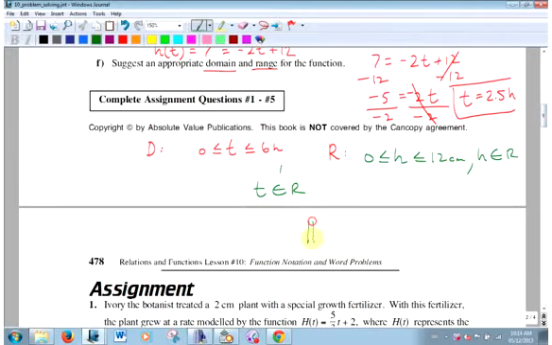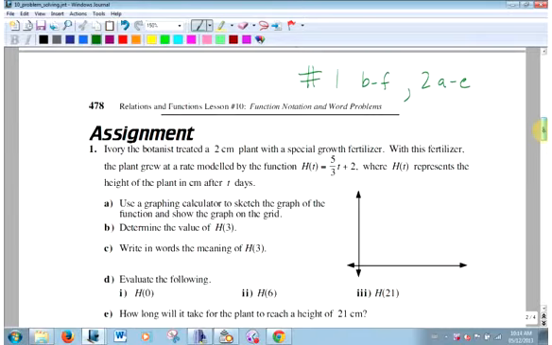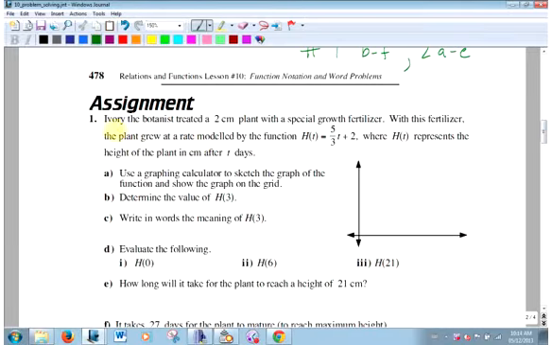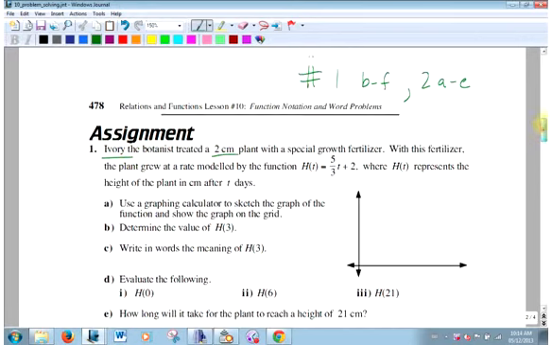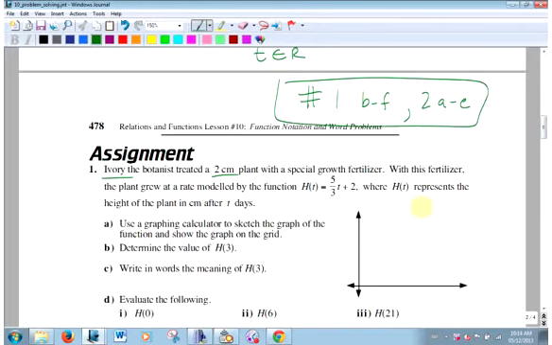Okay, so not too much today. 1A says graph it with a graphing calc. You know what? I'll write that for you. If you got one, great, put it in. But let's just make the picture here. Okay, this is a plant. I just want to draw the graph for you.